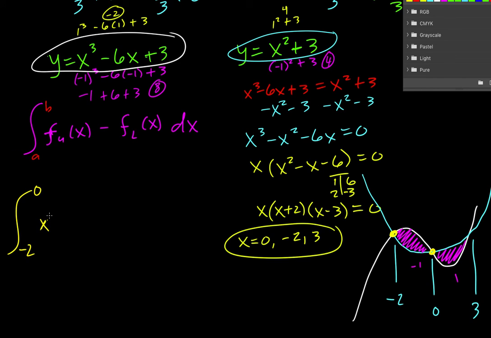So that's x cubed minus 6x plus 3. And then the lower function is the other one, x squared plus 3. So this yellow only represents this piece of the area.